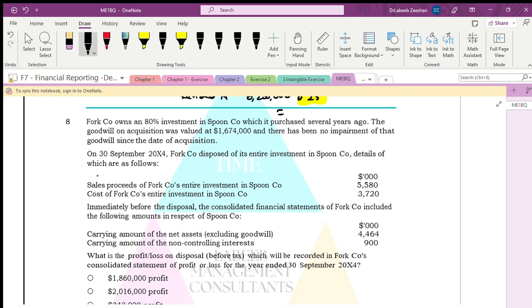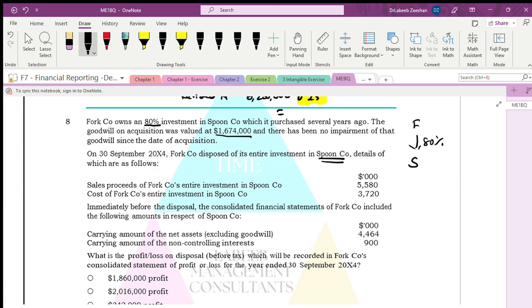Ford company owns 80% of the investment in Spoon, which was purchased several years ago. The goodwill on acquisition is 674, and there is no impairment of goodwill since acquisition. On 30th September, they disposed of the entire investment in Spoon.